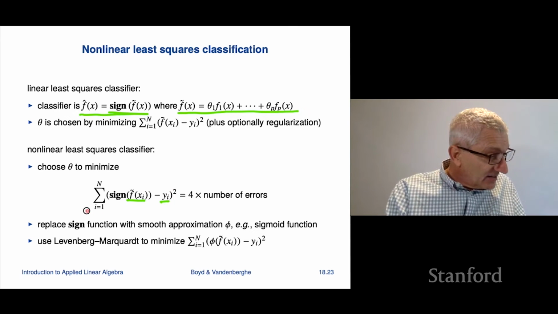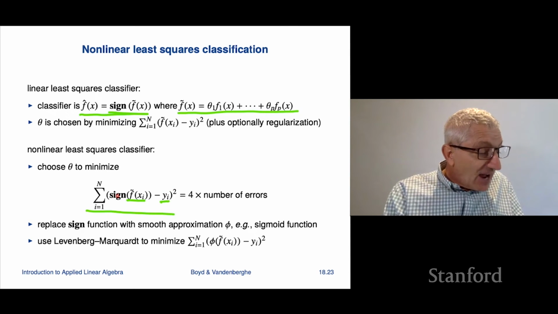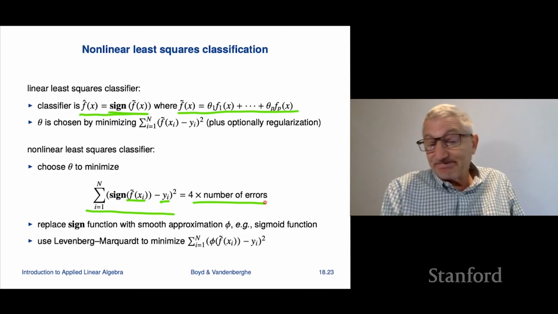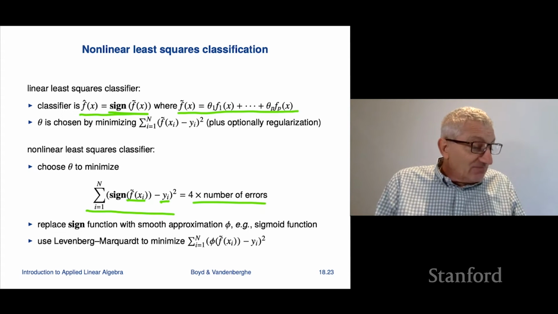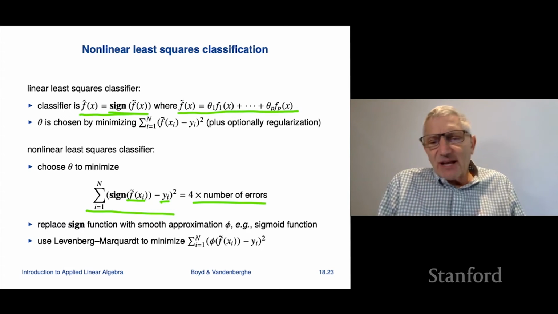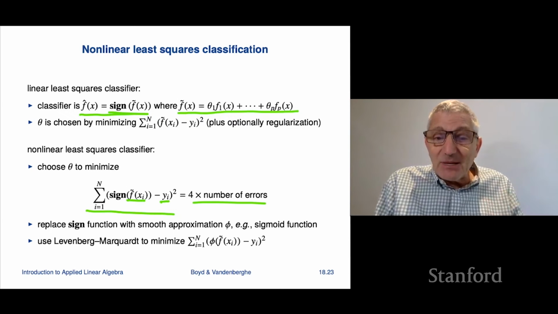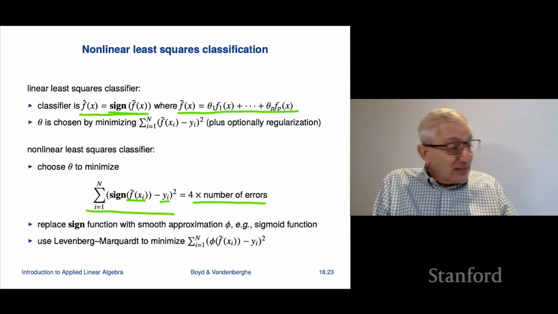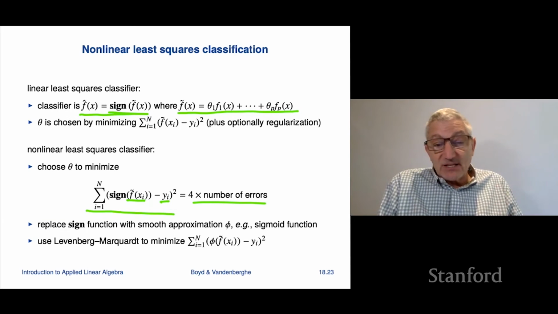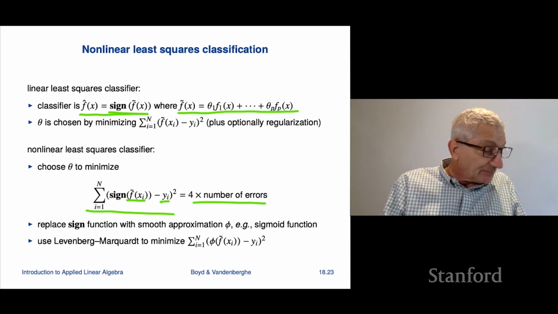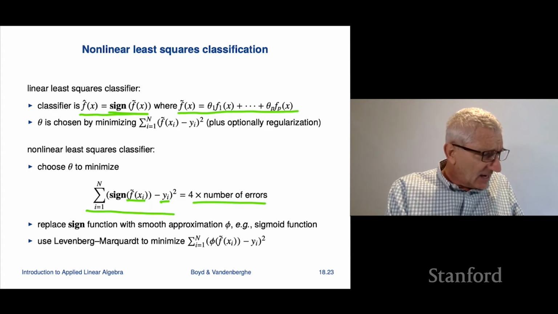So the sum over the data of (sign f tilde of xi minus yi) squared is actually 4 times the number of errors. So now we're going to attempt to minimize that, because we really would like to pick parameters for which our model makes as few errors as possible.